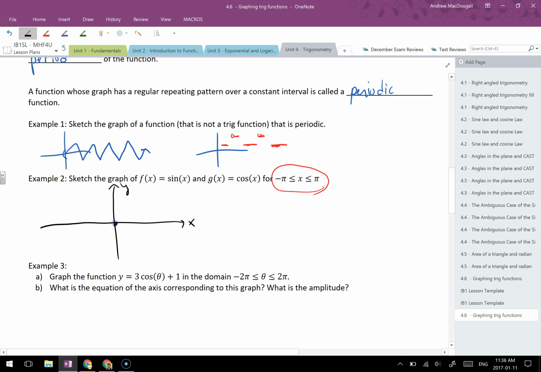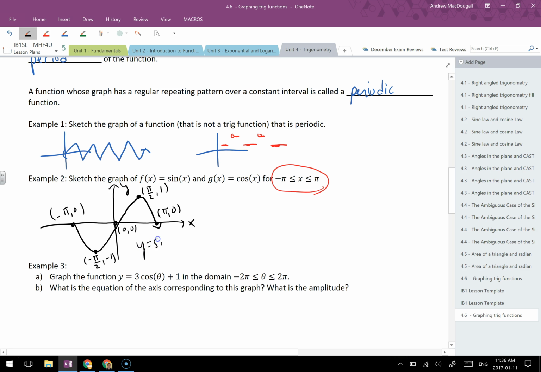We have sine x is going to look like this up until 180 and negative 180. But we need to know now that this is not 180, this is pi, 0. This is not 90, it's pi over 2, 0, negative pi over 2, negative 1, negative pi, 0.